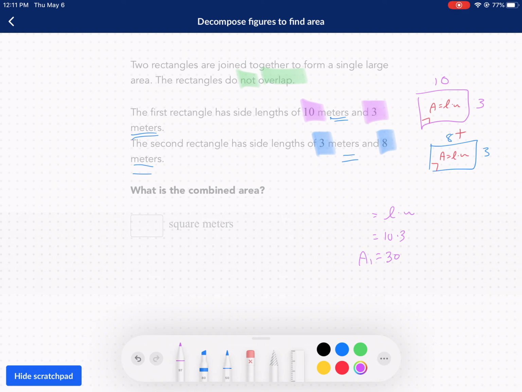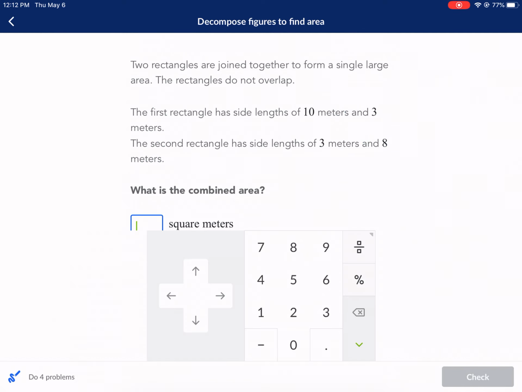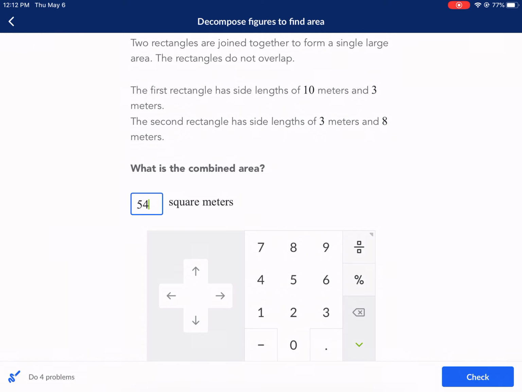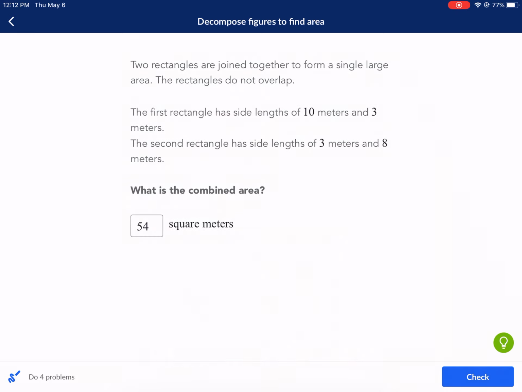And then we have the area of the second one. Length times width again. It's the same shape. We're going to have 8 times 3, and that's 24, area of the second rectangle. And we just add these two together, which we get equal to 54 square meters for the combined area. That's a C for combined. So that's 54. 10 times 3, 30, 24, 54.